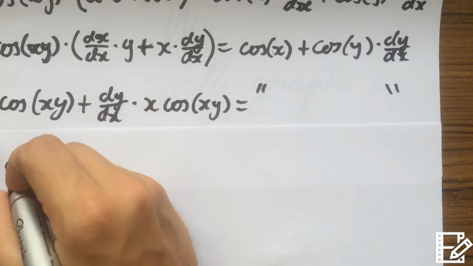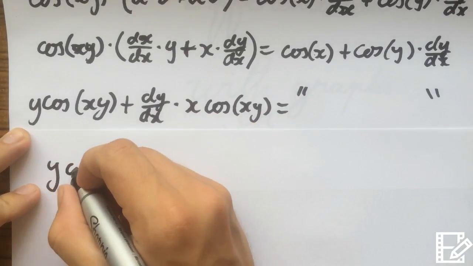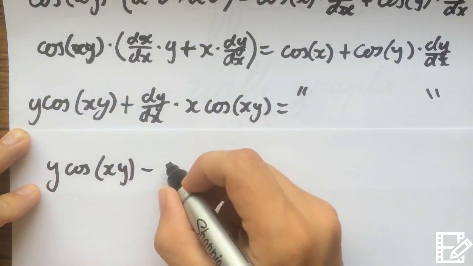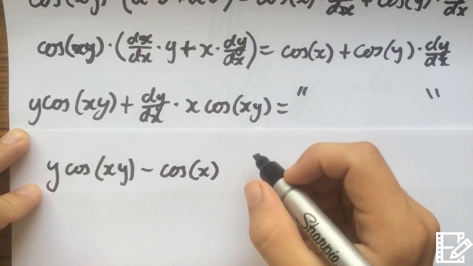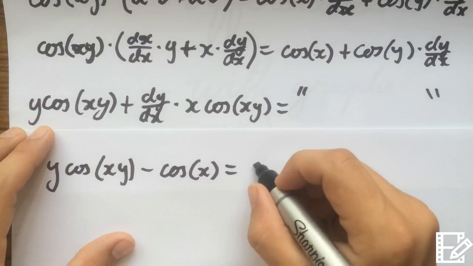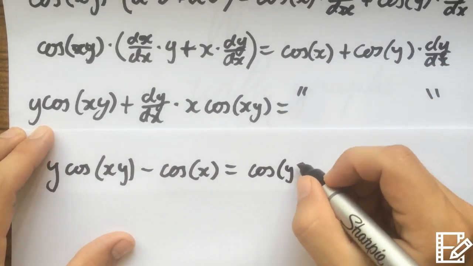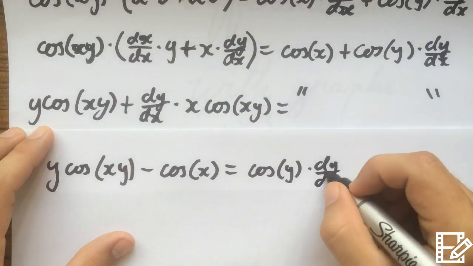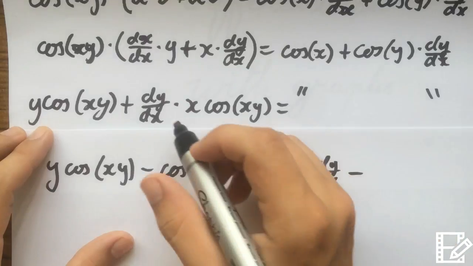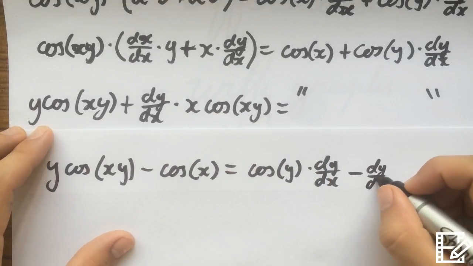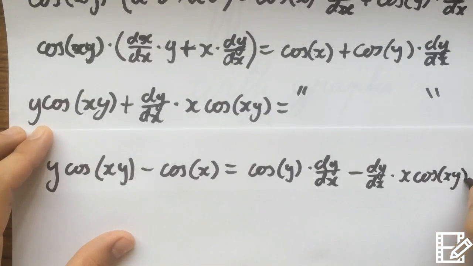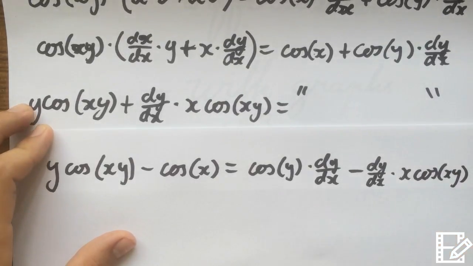So we're going to keep the y cos xy on this side, and we're going to subtract cos x to bring it on this side, equals, sorry, it's going to be cos y multiplied by dy dx minus this, so we can subtract it, so we can bring it on this side, dy dx x cos xy.